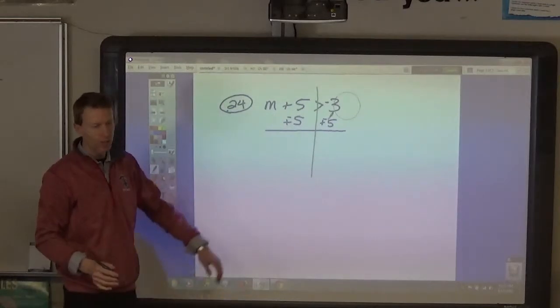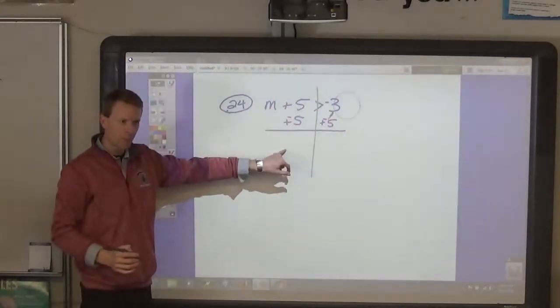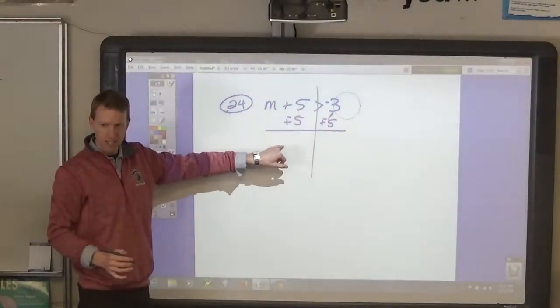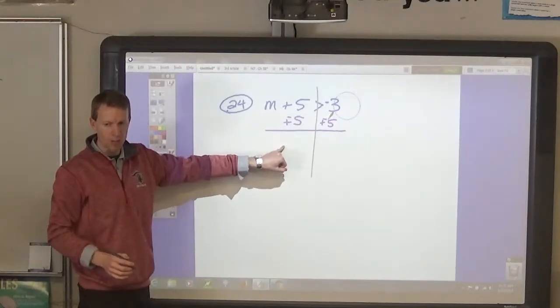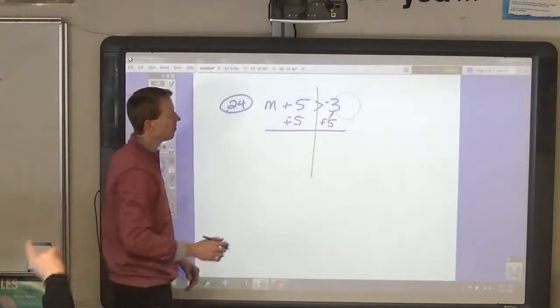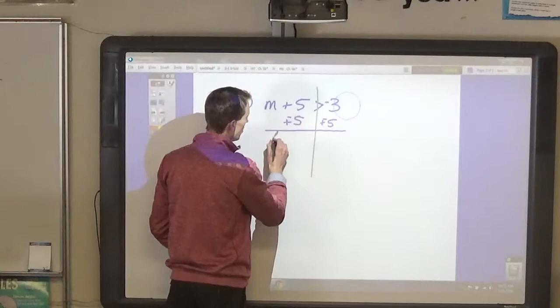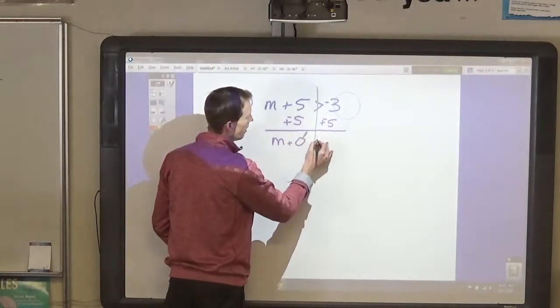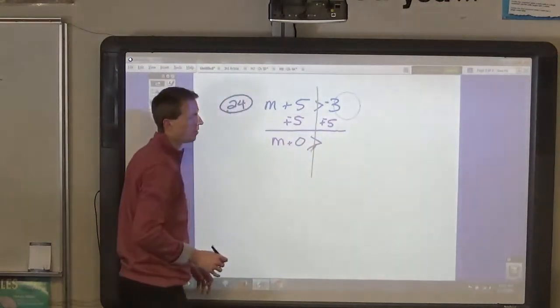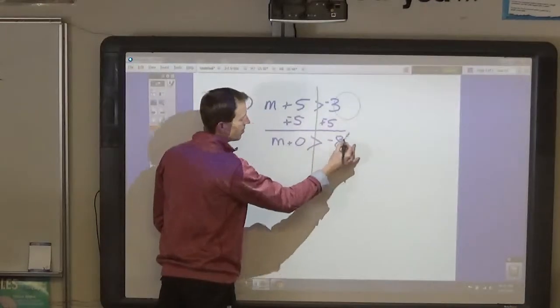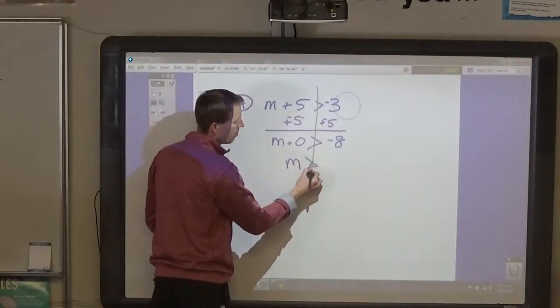Yeah. Always ask yourself, does that get the variable by itself? Because then you'll know if you're adding the right number, if you're multiplying by the right number. Now m plus 0 is greater than negative 8. So m is greater than negative 8.